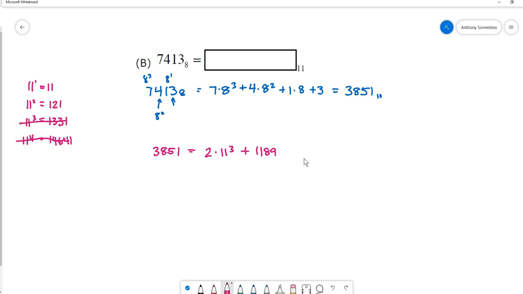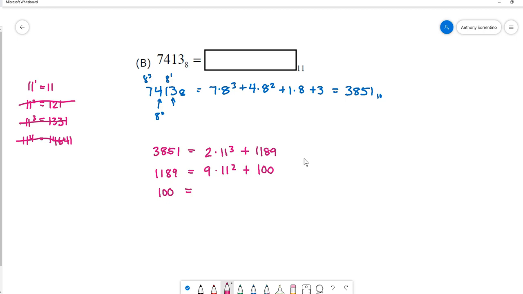So that takes care of this one. And now I'm going to take the 1189 and see how many times 121 goes into it. It goes in 9 times. So 9 times 11 squared, and it leaves me with the remainder of 100. So now I have the 100 over here. And I'll go with 11.